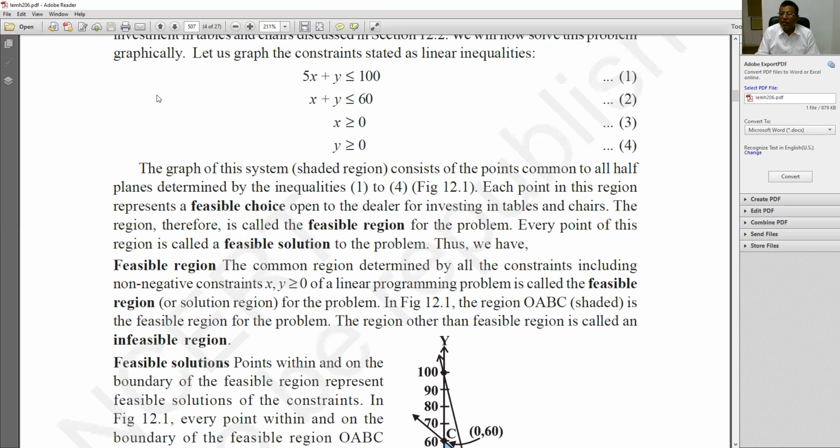So the region you have to take for your consideration, the region you have to take to discuss the problem and the solution, that is the feasible region.